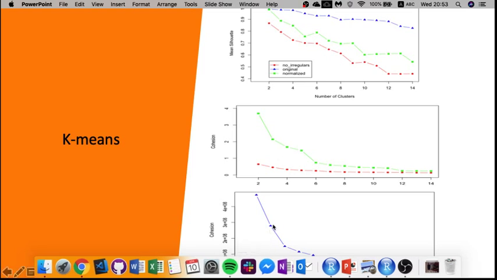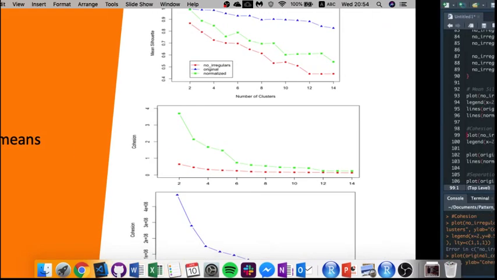And here you see the cohesion of the original data, whose y-axis scale is way far from the other two data sets, because the data points are very far from each other when you don't normalize the data.